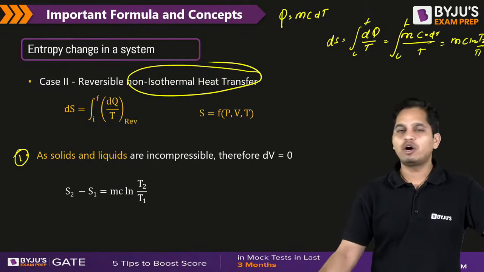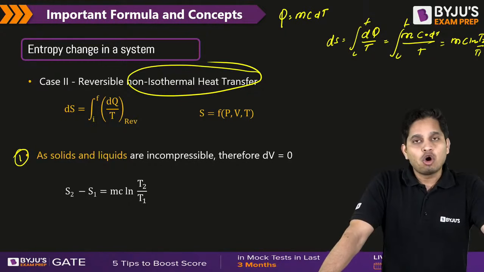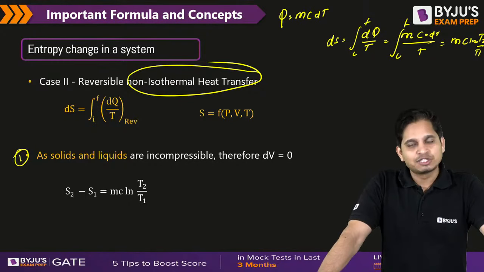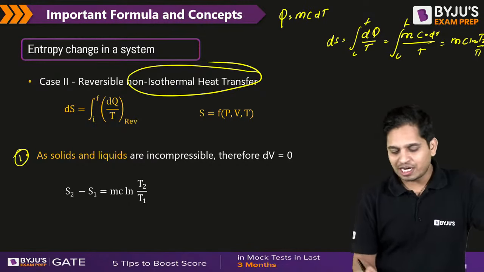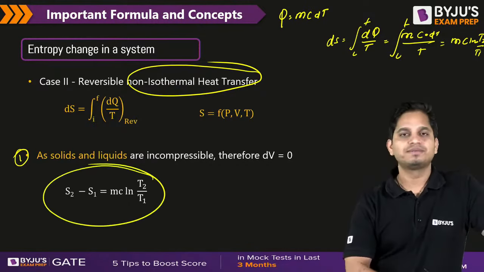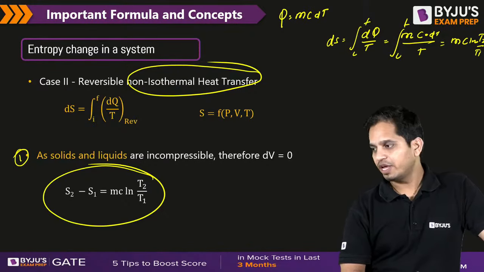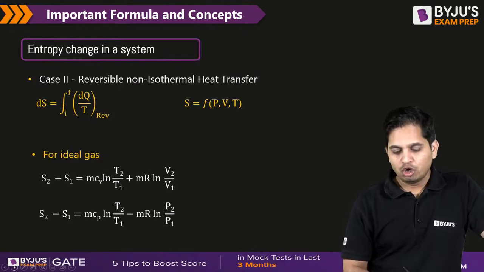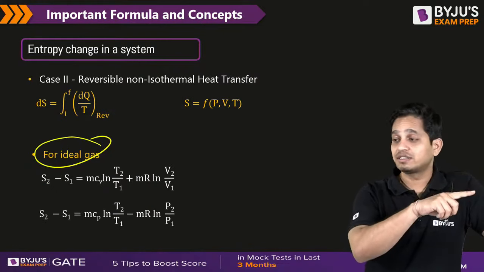That is how you can find the entropy change in a reversible non-isothermal heat transfer in solids and liquids. So for solids and liquids you have to apply this formula.